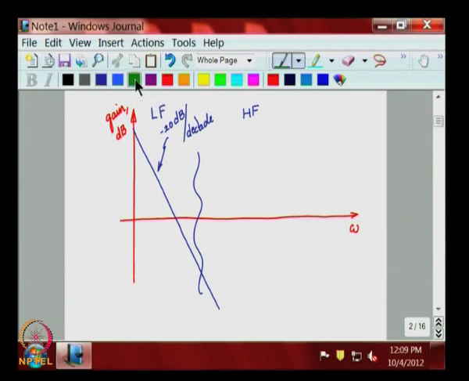Now, the proportional part, the moment you introduce the proportional part, we see that it adds a 0 and therefore a plus 20 dB per decade.